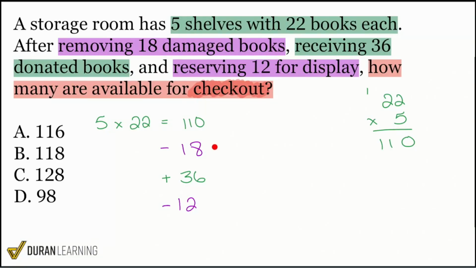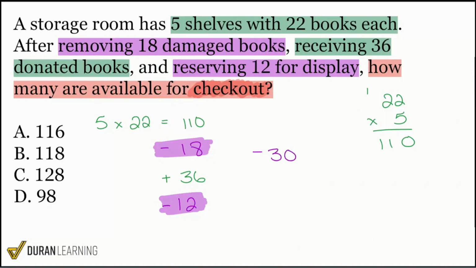If you're going to subtract 18 and subtract 12, everybody, that's like subtracting how much in total? Yeah, that's subtracting 30 in total. If I take away 18 and take away 12 right after, that's like taking away 30. So I'm going to write that out.